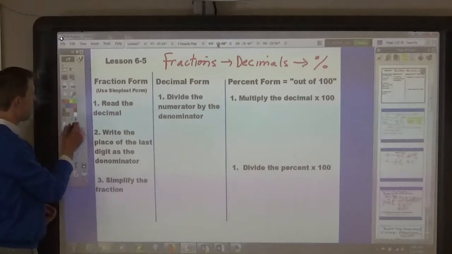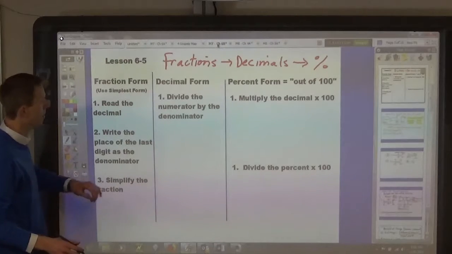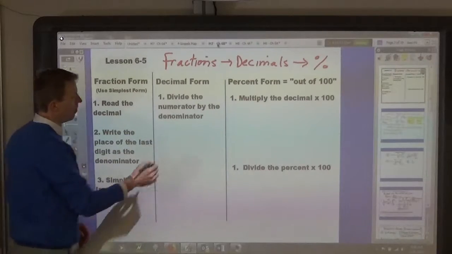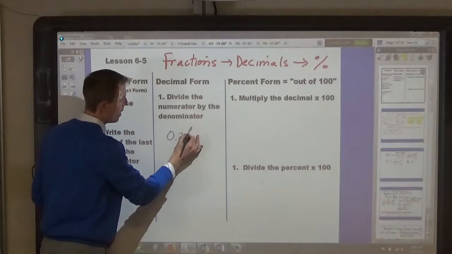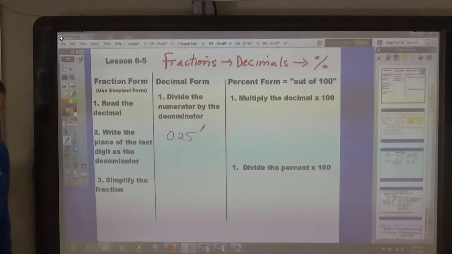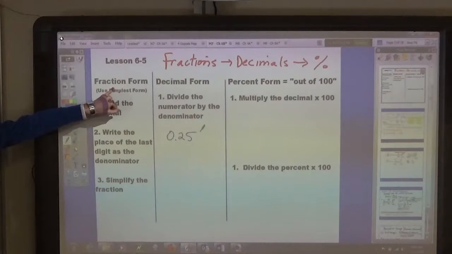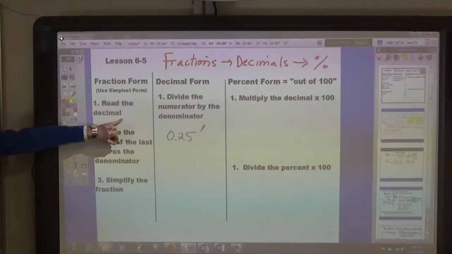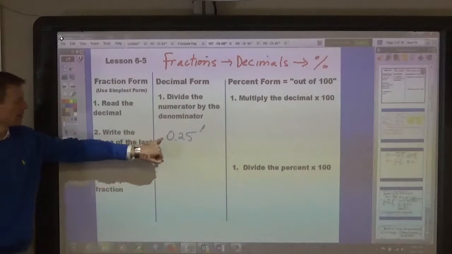So let's say that we have one like 0.25. Okay? Just a basic example. To change it to a fraction form, you read the decimal. Now, don't read it as 0.25.